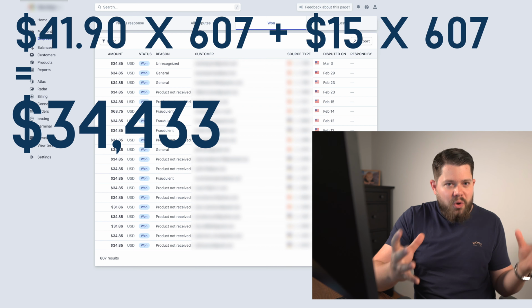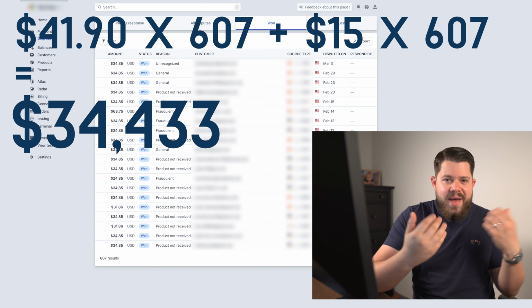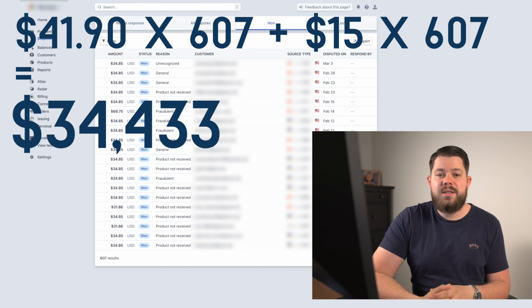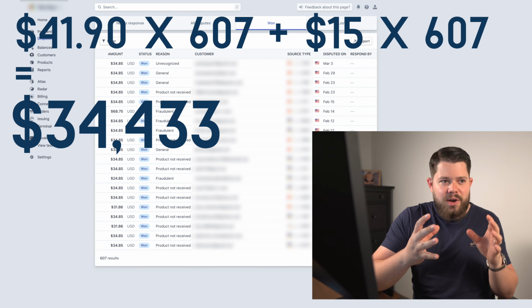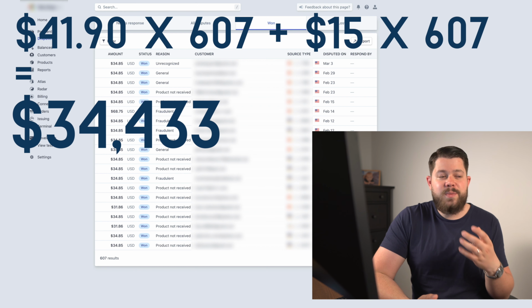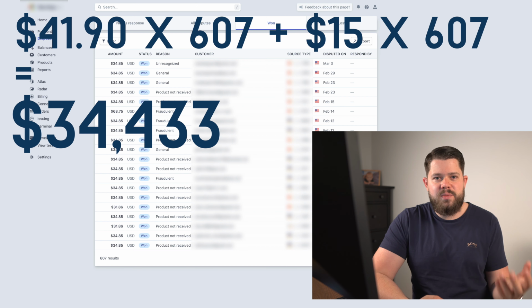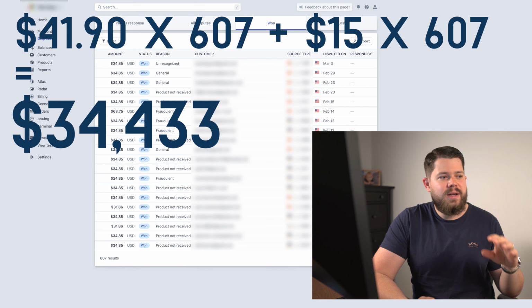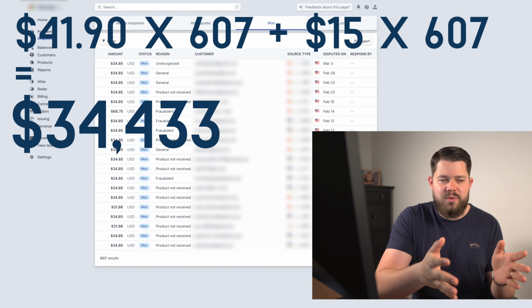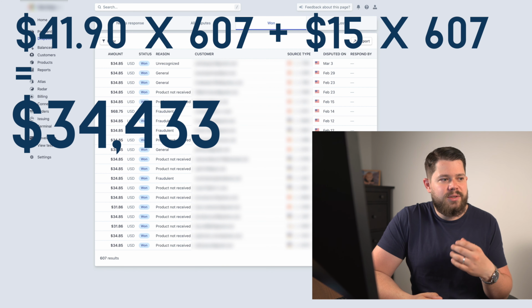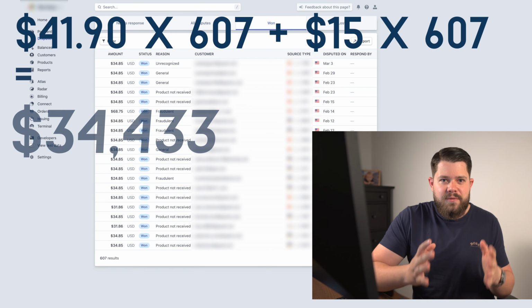So basically in total I got back from Stripe and those banks $34,433. That's a lot of money, and that's because I'm fighting almost every dispute. I don't leave them there. I always try to give Stripe all information, so they can send it to banks. And so you need to really fight those disputes.